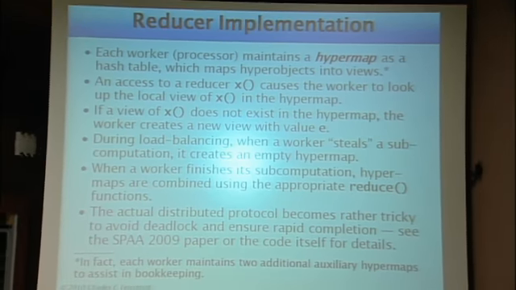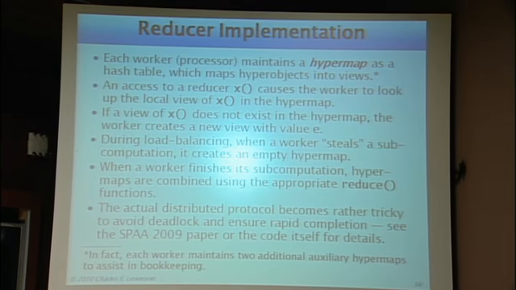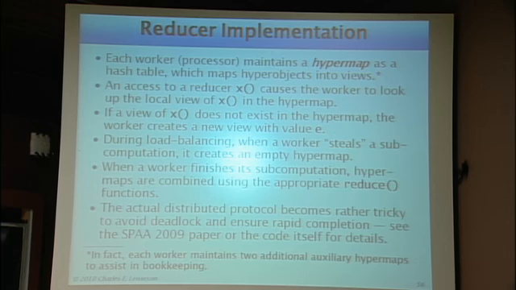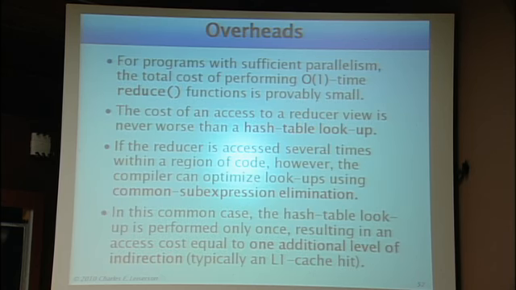And there's a little description of how it works. The actual protocol is kind of tricky, and we'll put the paper up on the web. I think it was there from last year, so we should be able to find it. If you're interested in how the details work, here's the important thing to know from a programmer's point of view.